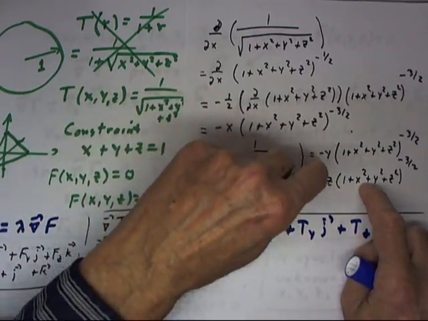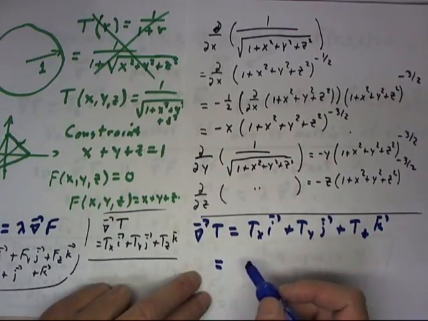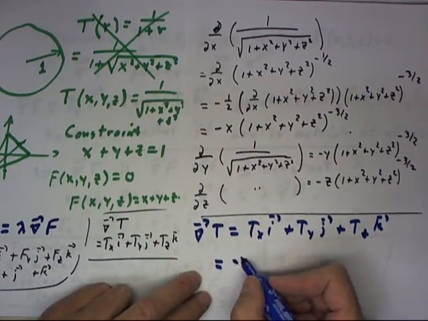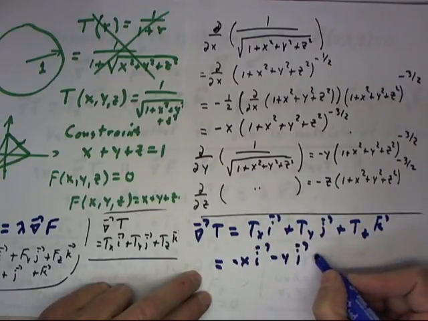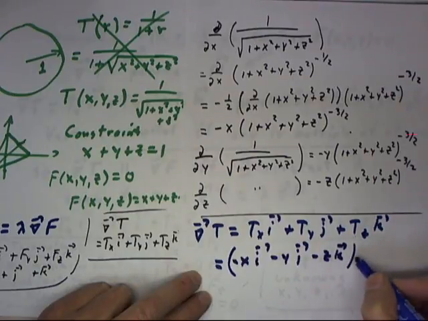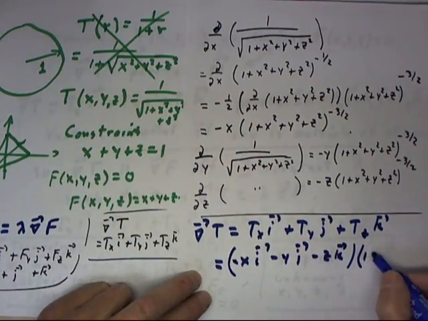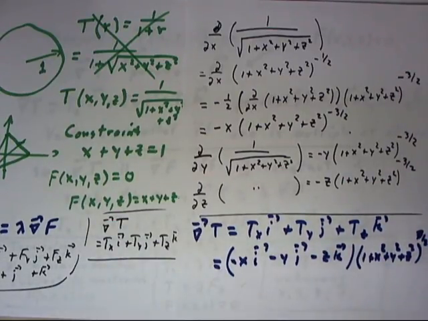We have negative x, negative y, and negative z. So the algebra of this becomes relatively simple. We have negative x i, negative y j, minus z k, multiplied by the 1 plus x squared plus y squared plus z squared to the 3/2 power. Not sure that 3 is going to be all that legible.